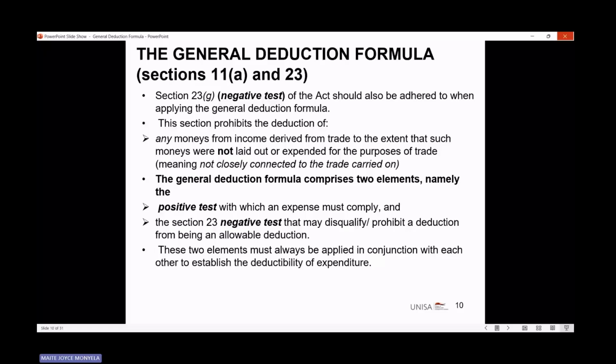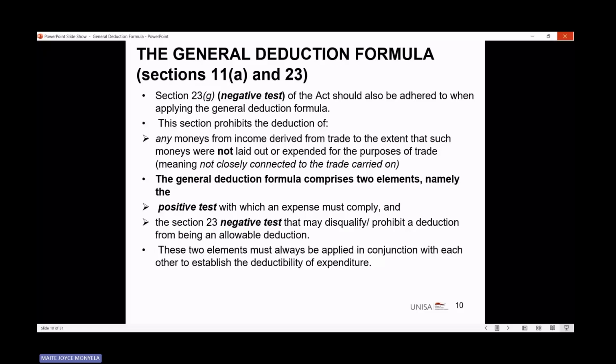So the general deduction formula comprises two elements, namely the positive and the negative. We talked about the positive, which the expense must comply with, and we also talked about the negative, which may disqualify. The negative prohibits the expense from being an allowable deduction.